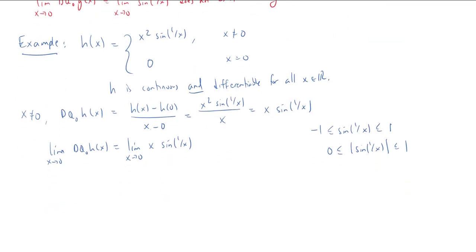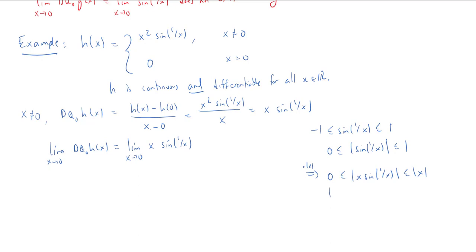So if I multiply this inequality by the absolute value of x, which I'm doing just so I don't have to worry about whether x is approaching 0 from the positive side or the negative side, this would imply that 0 is bounded by the absolute value of x sine of 1 over x, which is bounded by the absolute value of x.